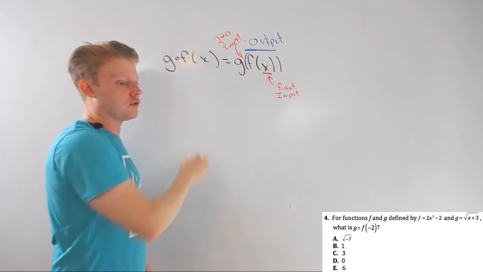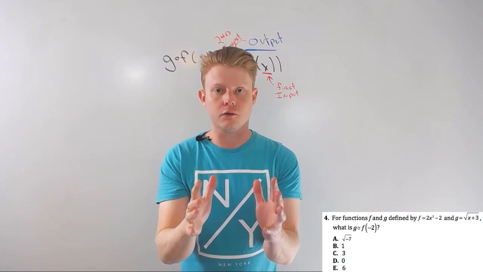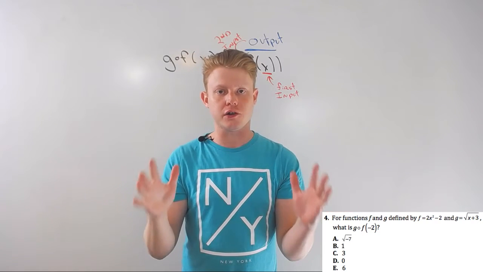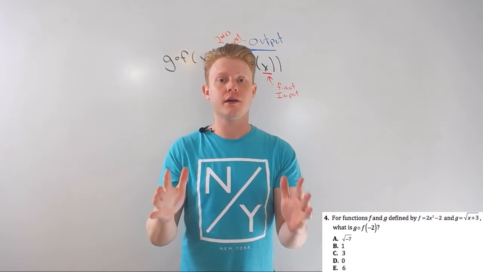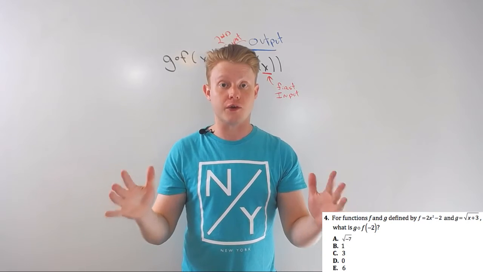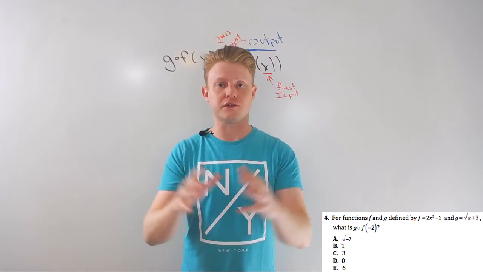What's on the inside goes first. Here's your initial input, your x. That pops out to an output with f of x, or whatever your inside function is. Then that becomes the input to your outside function, your g of x in this case, which will give you your final answer. So start, boom, boom, kind of expand.